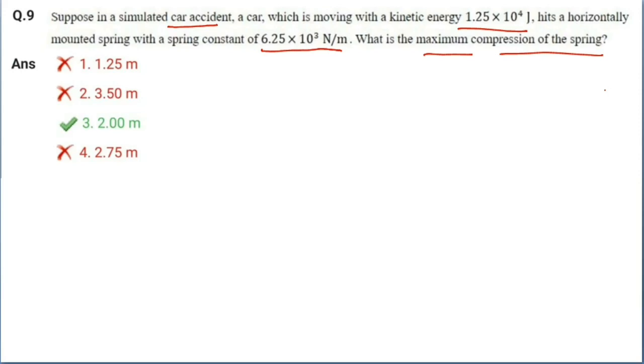Here we will use the conservation of energy, as at the time of collision or at the time of accident, collision occurs, and during that time, according to conservation of energy, the kinetic energy of the car must be equal to the potential energy of the spring.